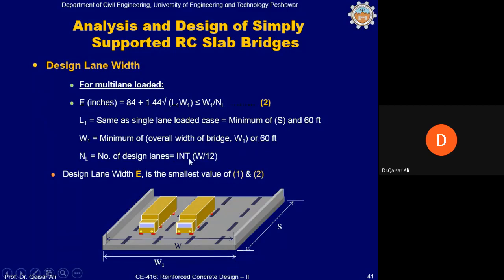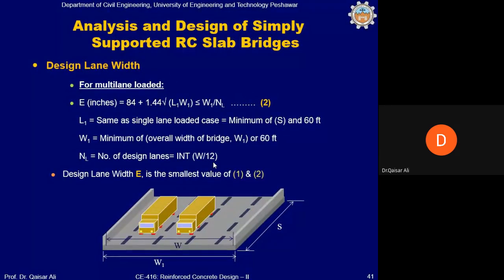It is an integer. Integer means that it will be taken as a whole number. W divided by 12, where W is the width of the bridge and 12 is usually taken as the typical design lane width. For example, if the width of the bridge is 30 feet, W divided by 12 is 2 point something, which means that two design lanes can be accommodated at the same time.